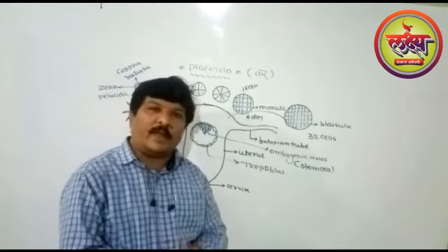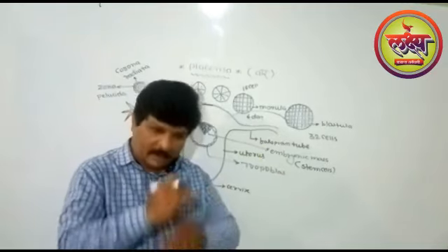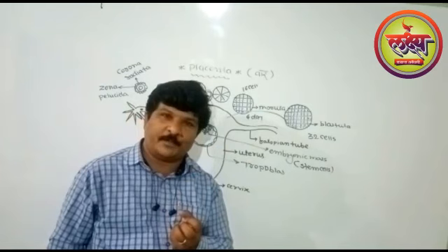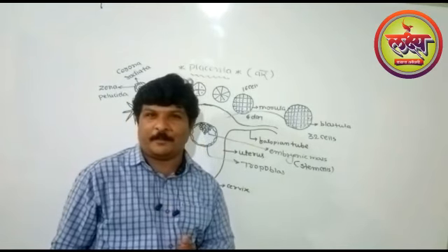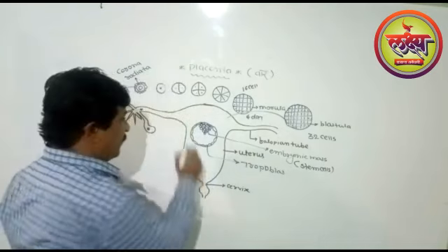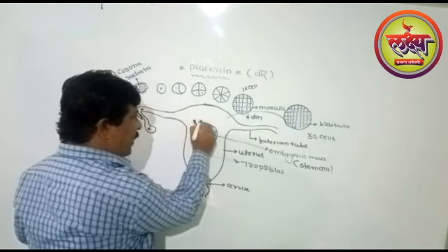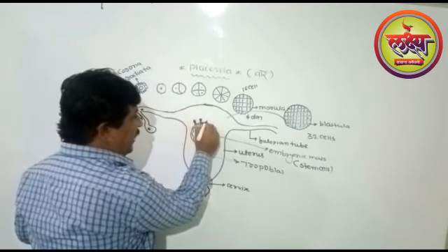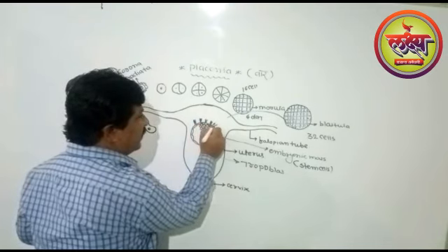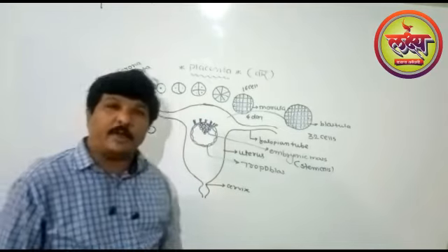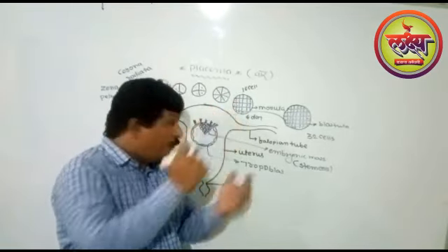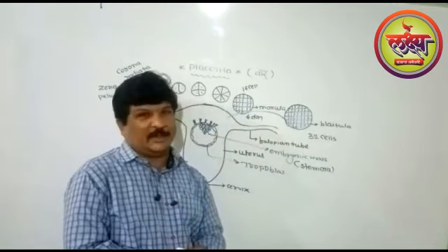All the cells of the trophoblast start to grow and multiply, and then form a finger-like projection that we call the villi, the chorionic villi. Those villi are formed towards that end where the embryonic mass is present.